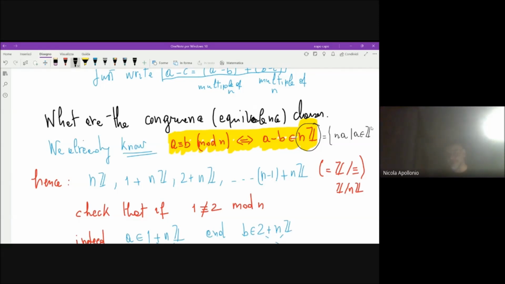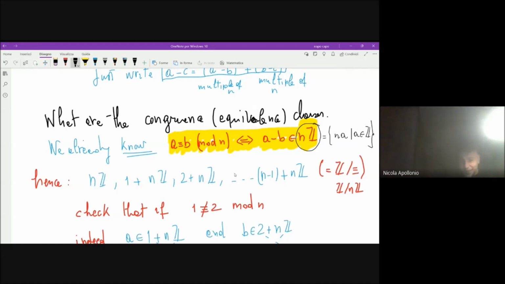It's the set of multiples of n. So saying that A is congruent to B modulo n is the same as saying that A minus B is a multiple of n, is the same as saying that A minus B is in nZ. So A, B are in the same equivalence class if and only if the difference is a multiple of n.